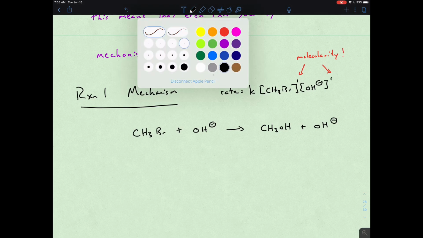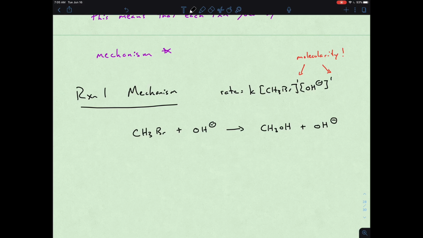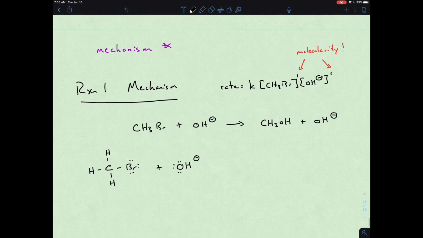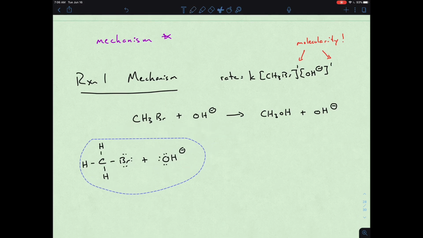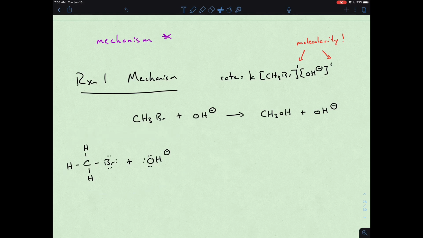So we can think about just really one molecule running into one molecule. If we look at our molecules, we can draw them in a 3D sense here. I'm just drawing them in their Lewis dot sense. But what we could envision is these two molecules running into one another.